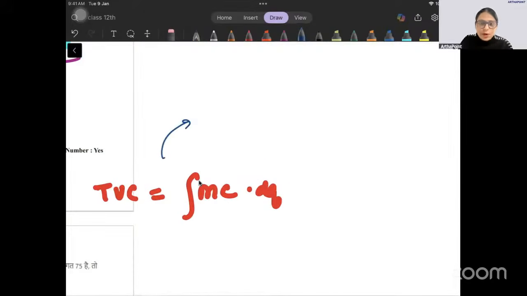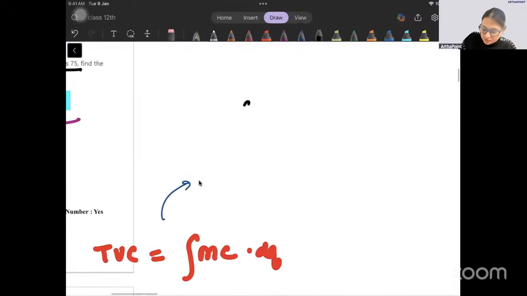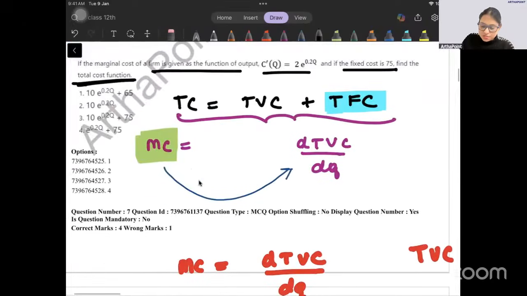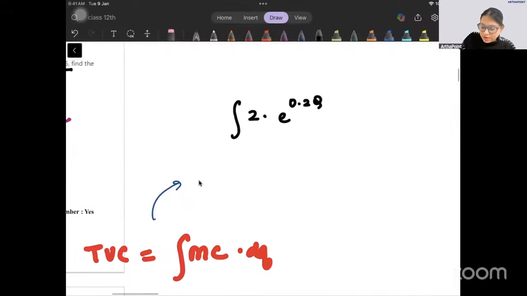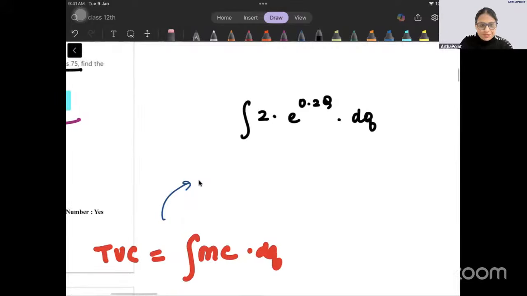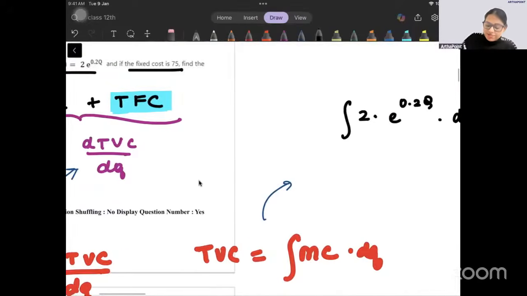This is one way of doing it. So you integrate. What is your marginal cost, beta? Marginal cost is 2 e to the power 0.2 q dq. Now, 99% of the students have made this mistake.